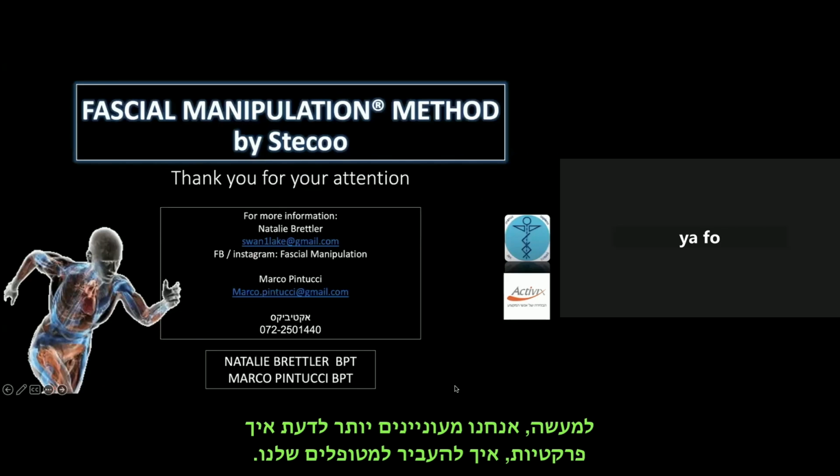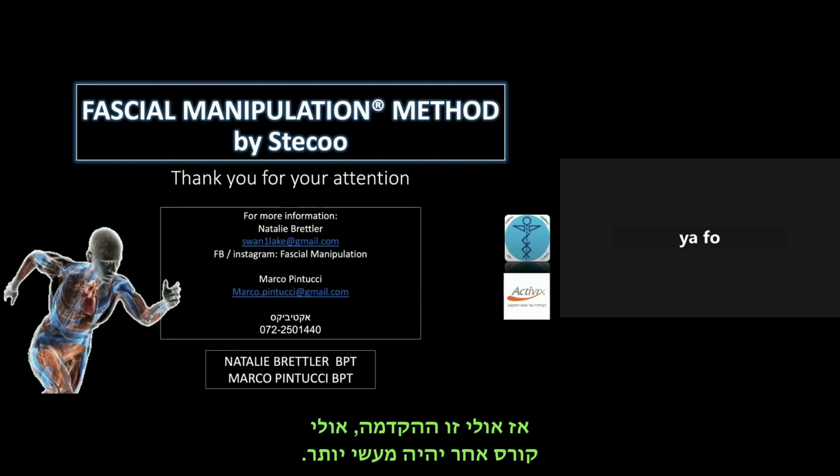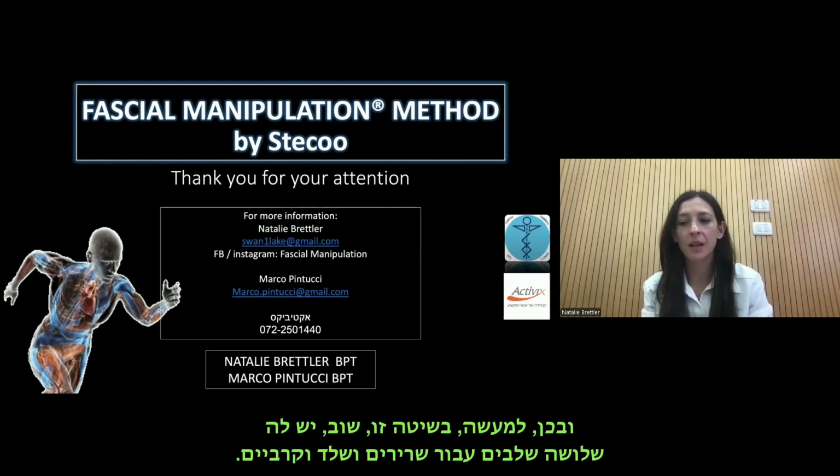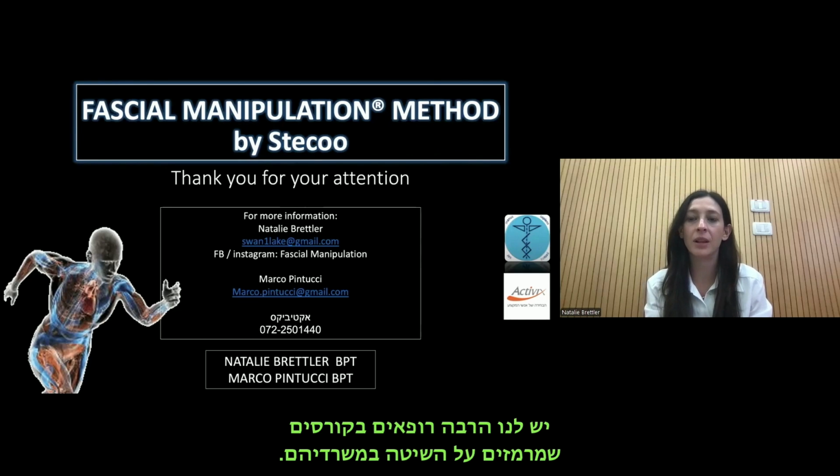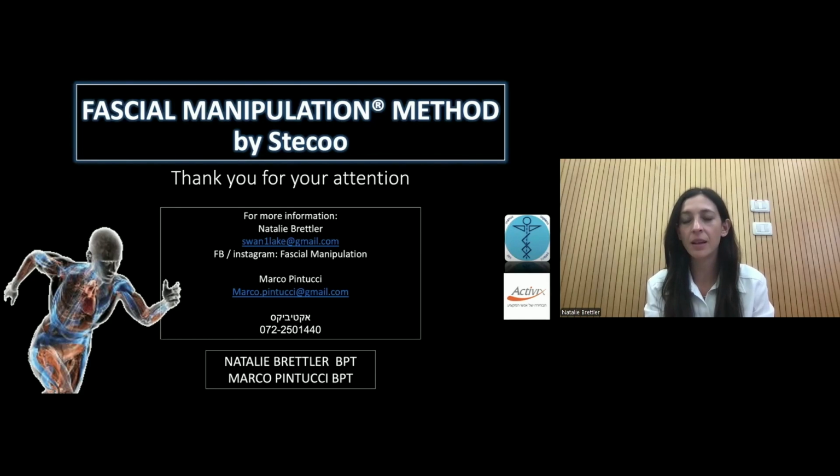Actually, we are more interested to know the practicality, how to convey to our patients. So that may be the introduction. Maybe another course will be a more practical one. Yes, of course. Well, actually, this method has 3 stages for musculoskeletal and visceral. We have a lot of doctors in the courses that apply the method in their offices.